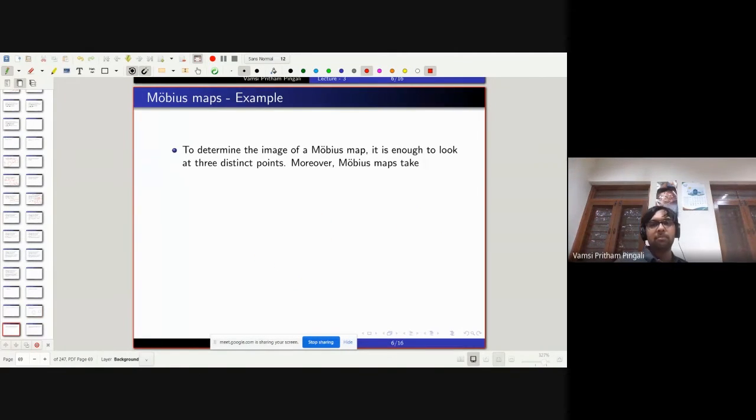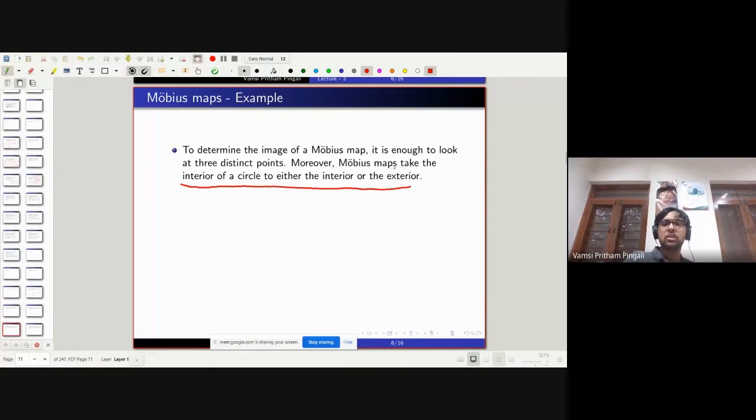Moreover, Mobius maps take the interior of a circle to either the interior or the exterior. What is the meaning of this phrase? What is the meaning of the interior of a circle going to the interior or the exterior? First of all, what is the meaning of the interior of a circle?